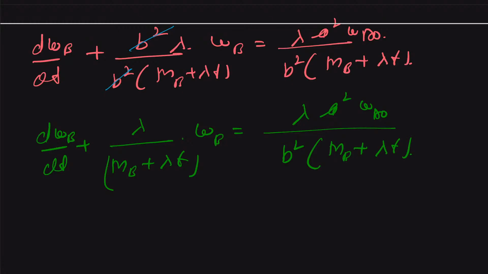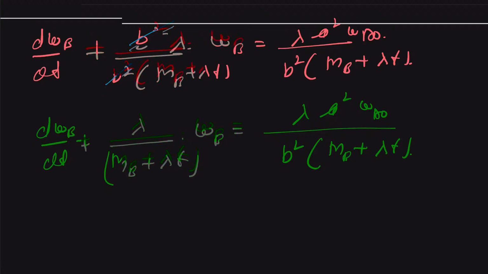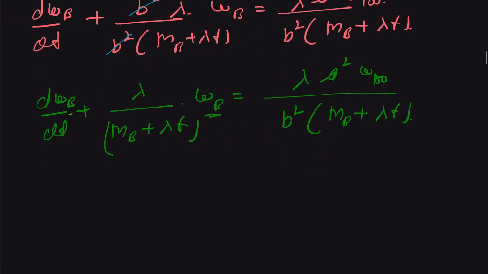And this is our differential equation for omega b, and that is going to govern how the angular speed of the outer rim, that is b, is going to change. Okay.